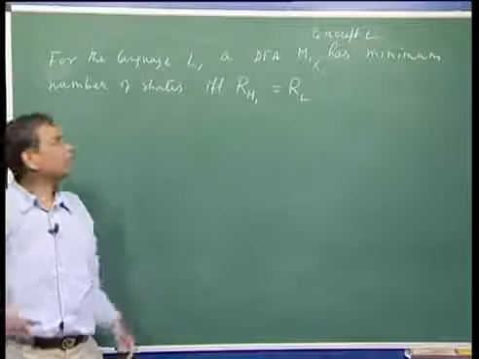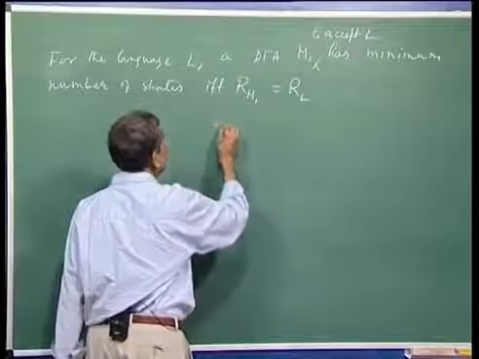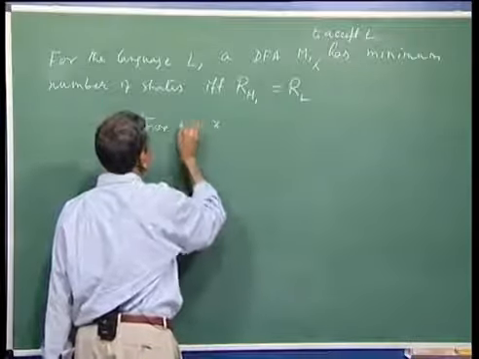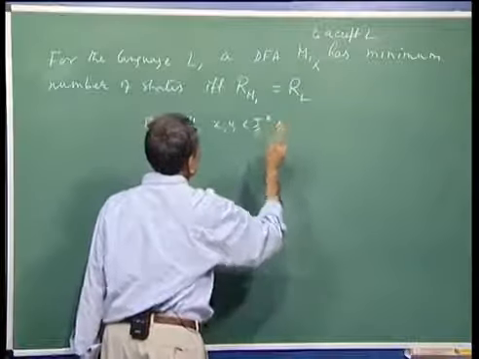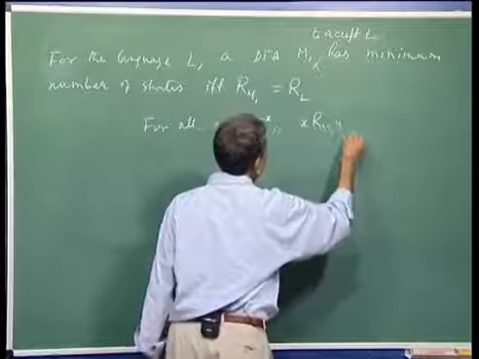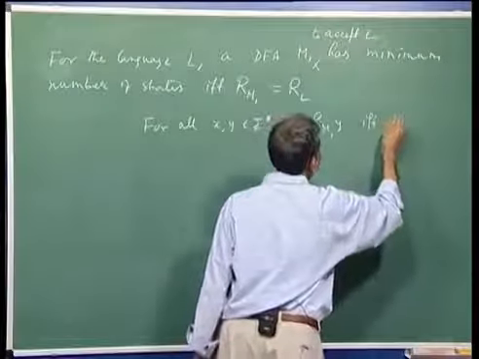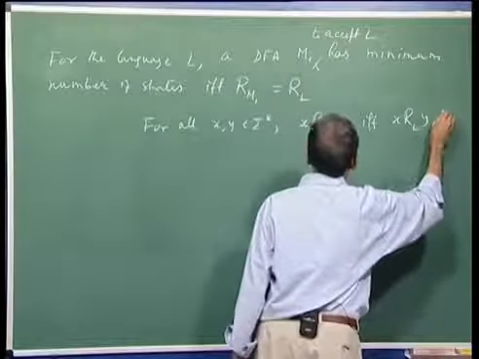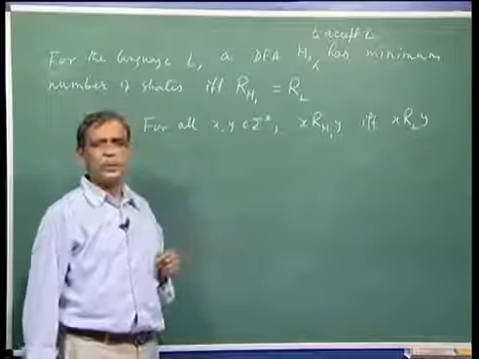In other words, what we are trying to say is this: for all X, Y in sigma star, X RM1 Y holds if and only if X RL Y holds. Why is it so?